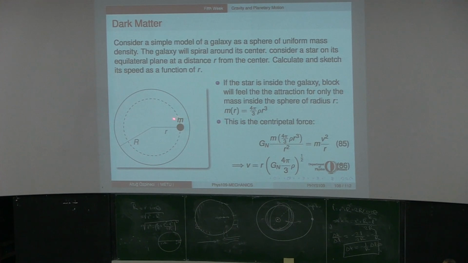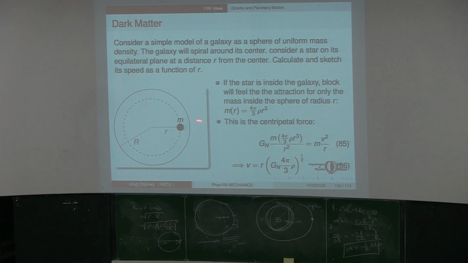This outside shell doesn't exert any force. It's only the inside sphere over here that exerts a force on my mass m. And the mass of this inside sphere, I can calculate as the volume times the mass density. So this is the mass that is exerting a gravitational force on my star with mass m, and this force is towards the center.